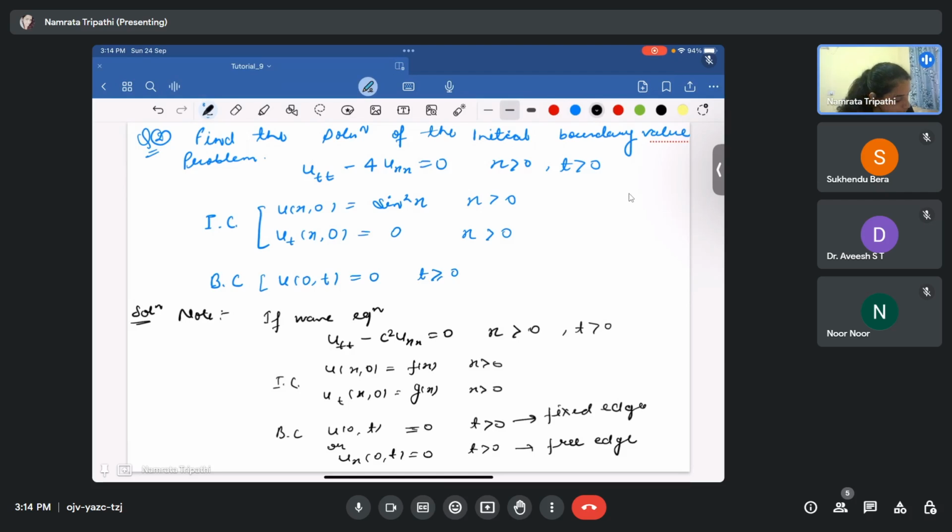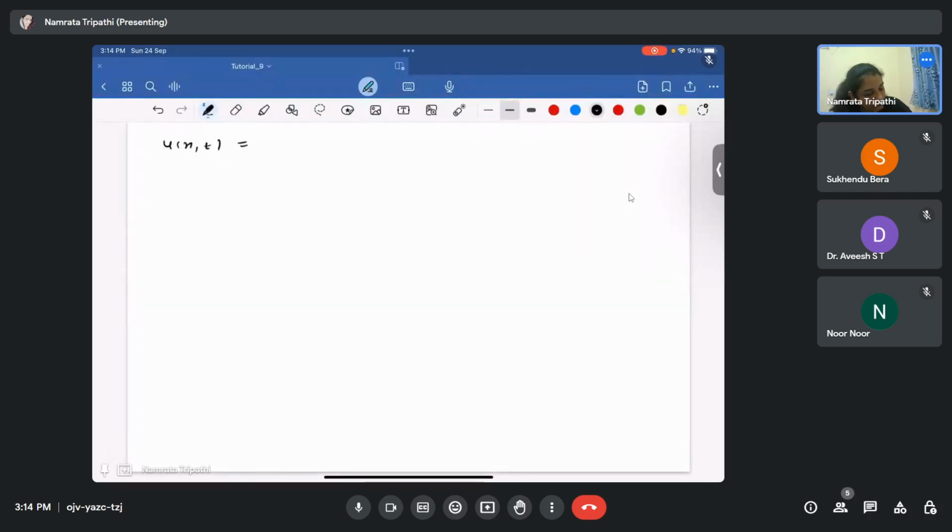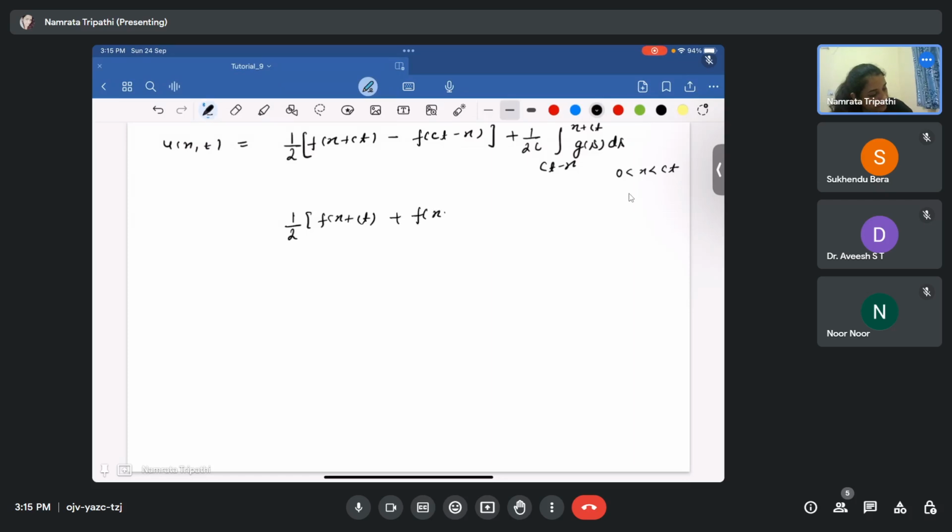So the solution for this type of wave equation is given by this.